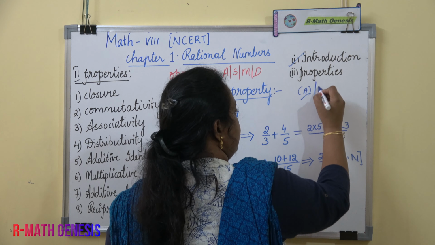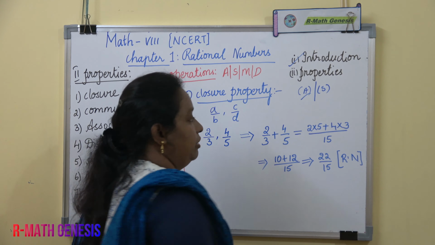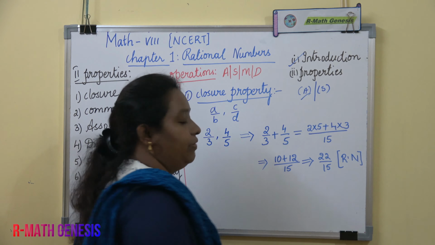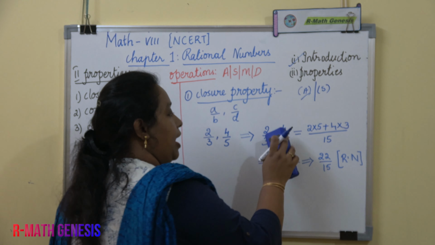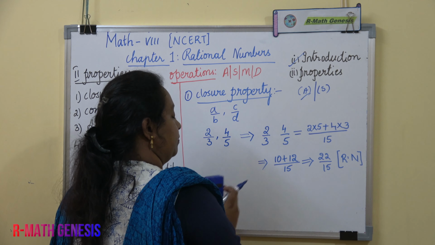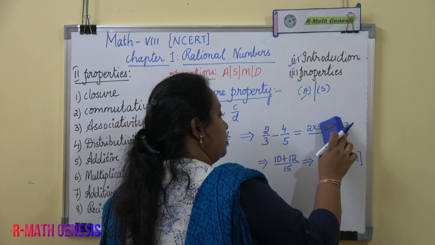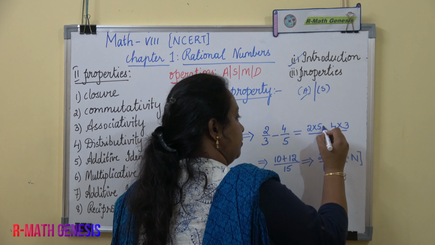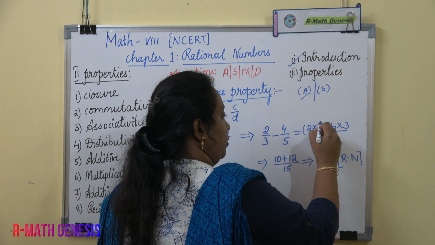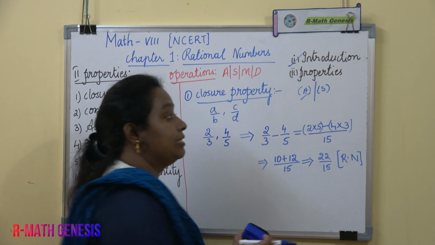Next we'll check whether it's true for subtraction. I'm taking the same numbers and just subtracting. I keep the second number in a bracket because the sign is there.